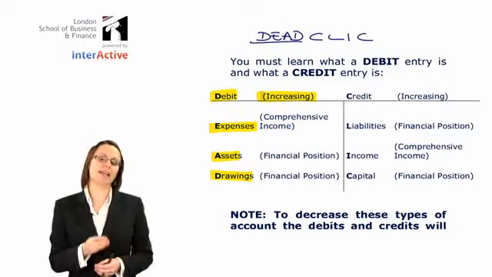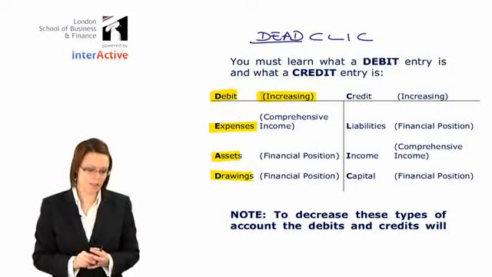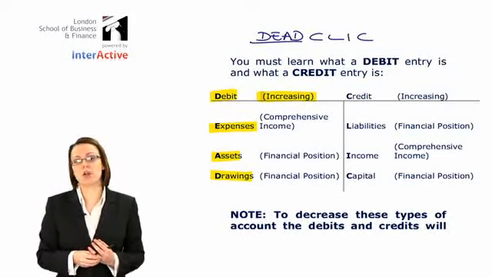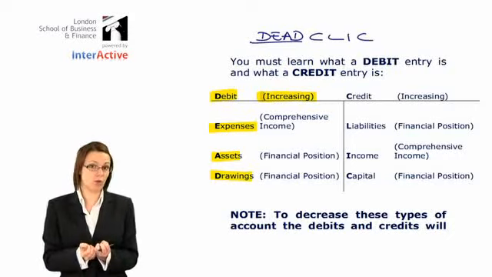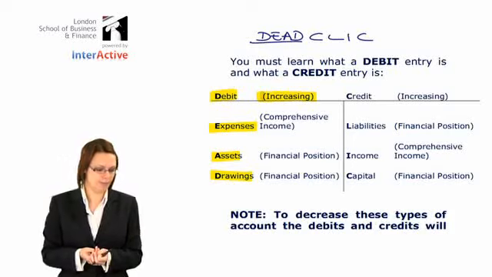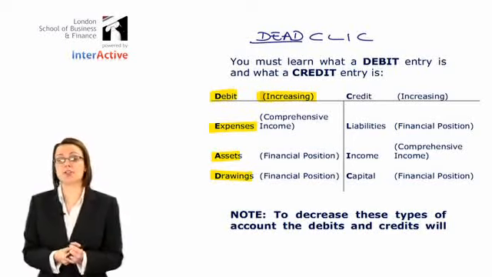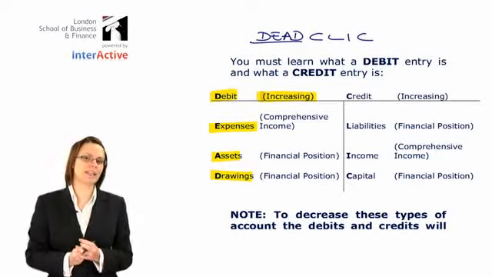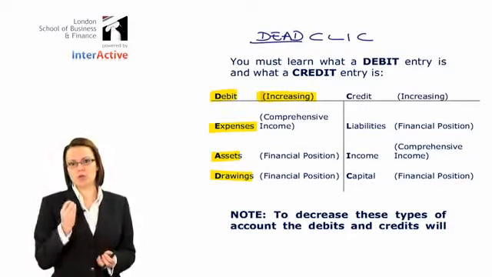So on the debit side then, expenses. Now an increase to an expense would go to your statement of comprehensive income, remember, to establish the profit or loss for the business for the year. Assets appear in your statement of financial position at the year-end date. And finally then, drawings.